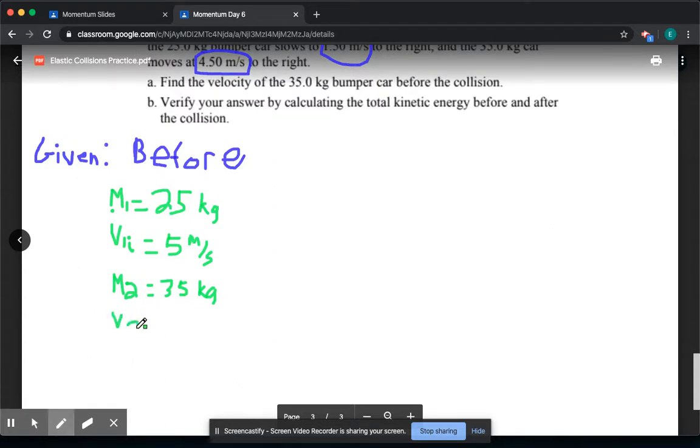This is actually what we're being asked to find, so I'm going to label that as a question mark. This is before the collision, and now we have after.